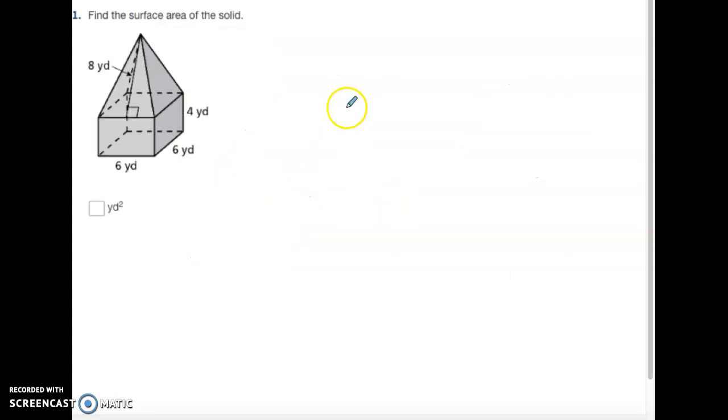Number 11, we're finding the surface area of this whole solid. So I'm going to start with the prism. Now, if we look here, the top of the prism is covered by the pyramid. So we only need to find one base and then the 4 sides. So let's start with that bottom base.